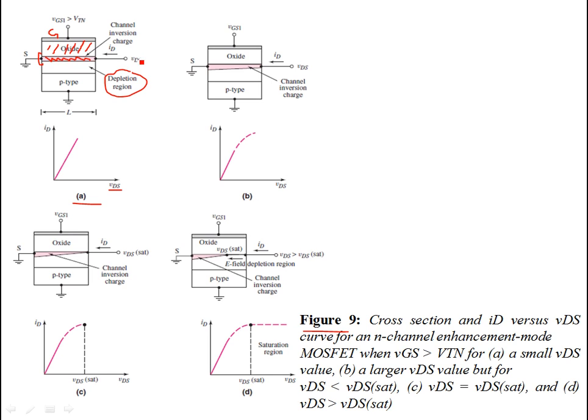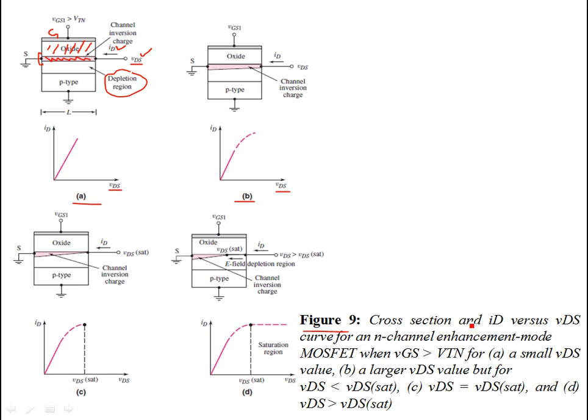As you're increasing your VDS over here, ID is increasing, but how far does it go? The question is, if you keep on increasing VDS, look at figure 9b, the slope of the IV characteristic curve is decreasing.